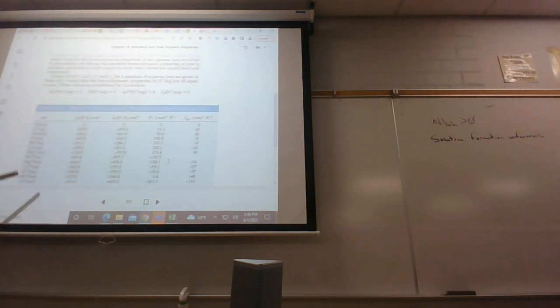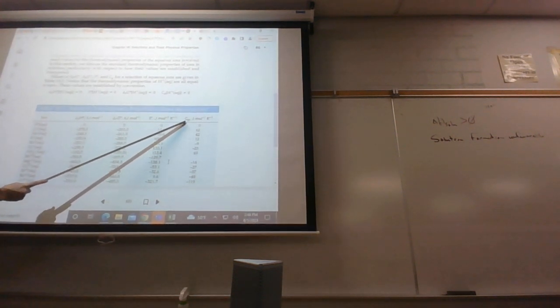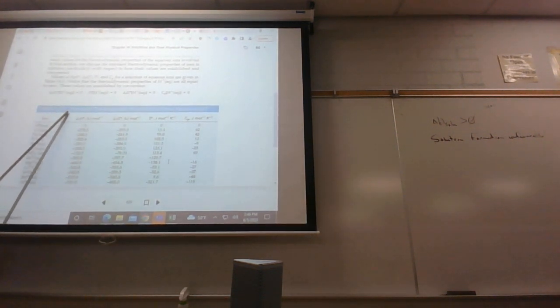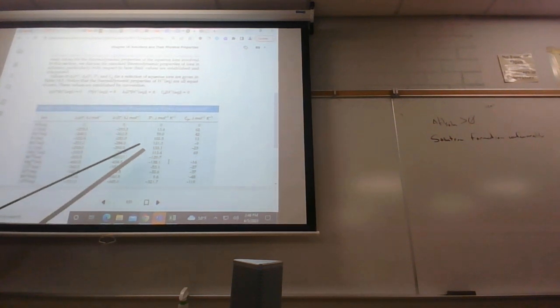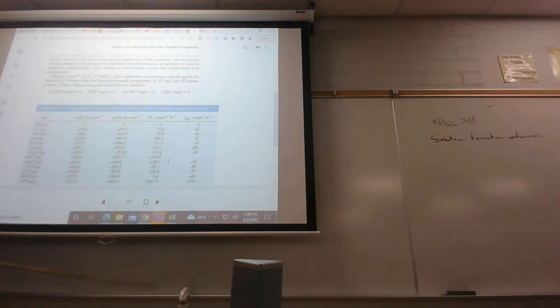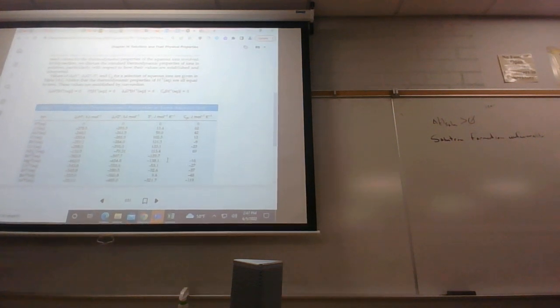Now, the reason you see all these, like delta G is called Gibbs free energy, S is the entropy, Cp is the heat capacity, is in chapter 13. Chapter 13 is thermodynamics part 2. Normally we do thermodynamics part 2 in Chem 1B, and so I skipped it. So all this stuff you can skip too. We're not going to worry about this.